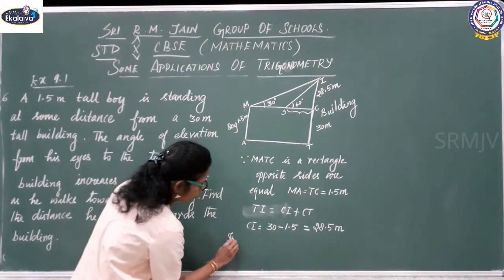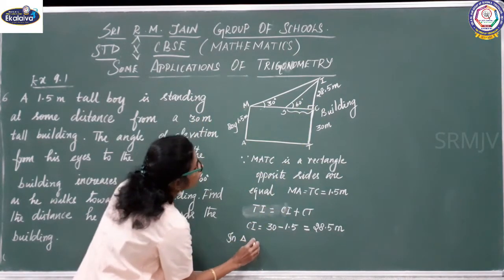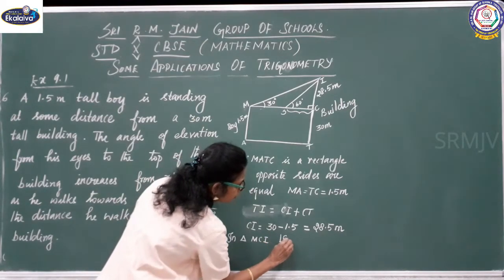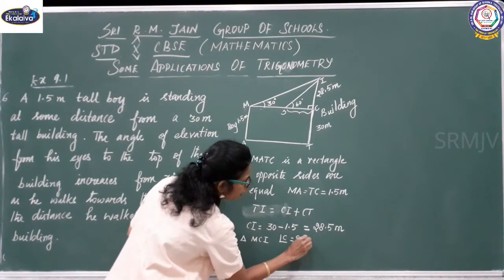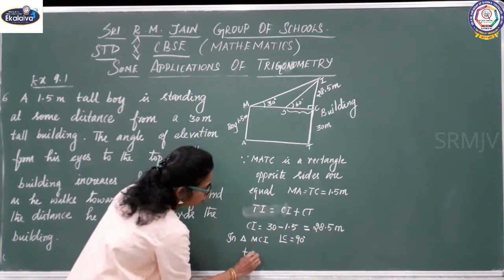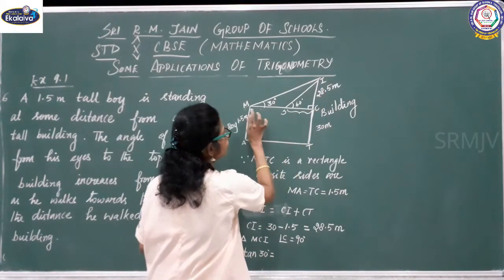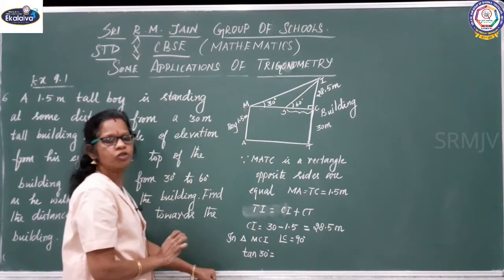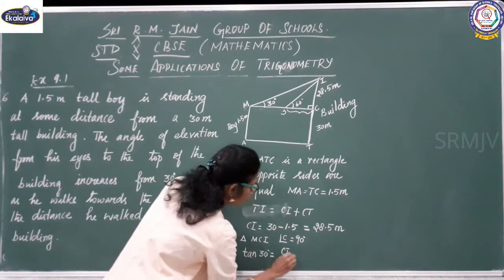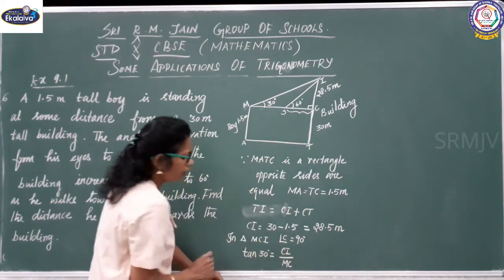Tan in triangle MCI, angle C is equal to 90 degree, tan 30 degree equal to opposite by adjacent, that is CI divided by MC.